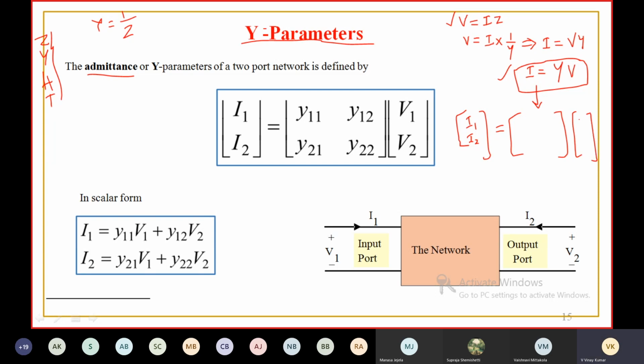Anyhow, we have two currents and two voltages, right? This is in matrix form.